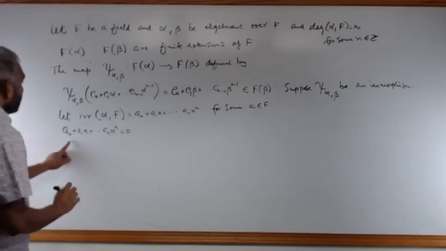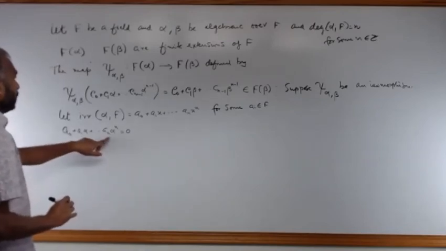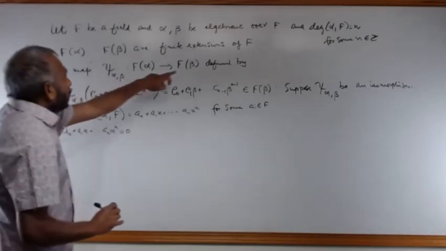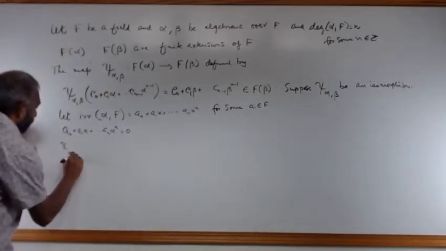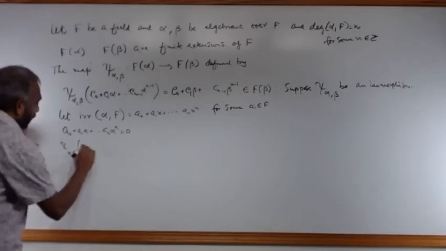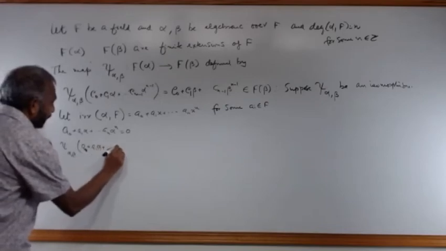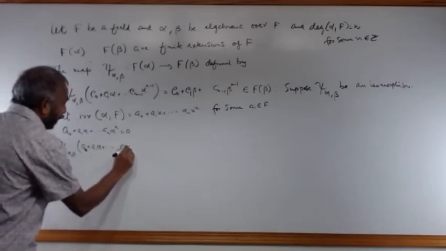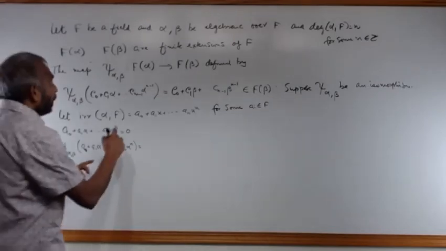So let us take the map of this on F(beta). So psi_{alpha,beta} of a0 plus a1 alpha plus ... plus an alpha to the power of n is equal to this.